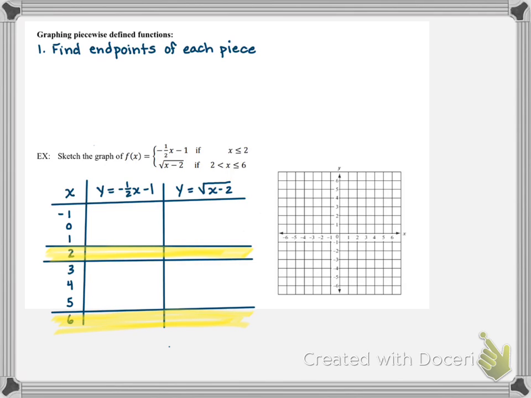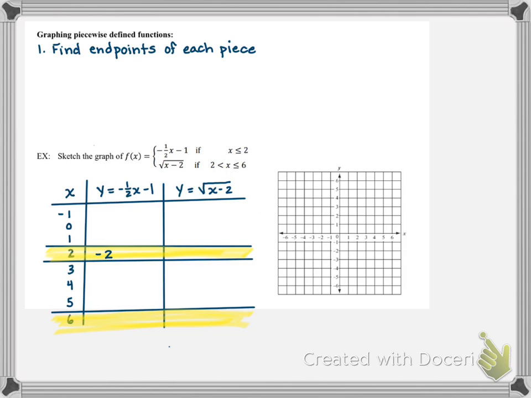So now to find the points on the graph that correspond to those x values, we're going to plug them into the function. I see 2 on both lines, so I'm going to plug it into both functions. If I plug 2 into this first formula, I get -1 minus 1 is -2.